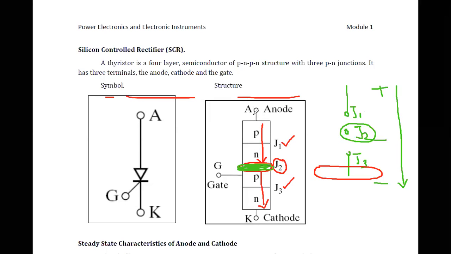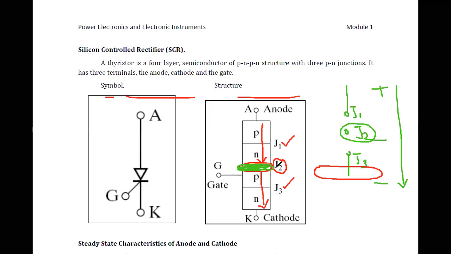Whatever voltage you apply at the anode and cathode will come till this junction J2. Your voltage will come at junction J2, but it is not flowing through this junction to the second half, that is P and N, through the cathode. It is not coming through the cathode. Why? Because the junction is open. It is under the reverse bias. It is open.